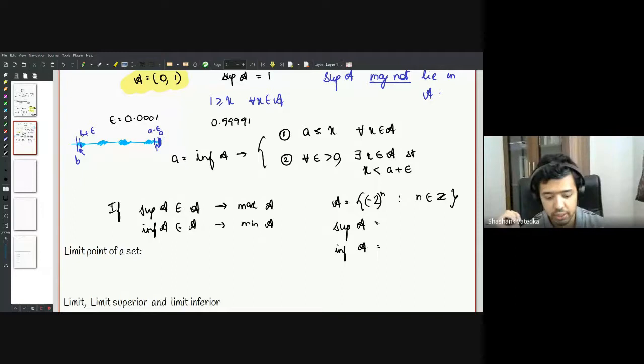So Anu is right. The supremum of this set is again infinity. What is the infimum of this set? Chandramoli says that it is the same as before. Are you sure? Is it 0?